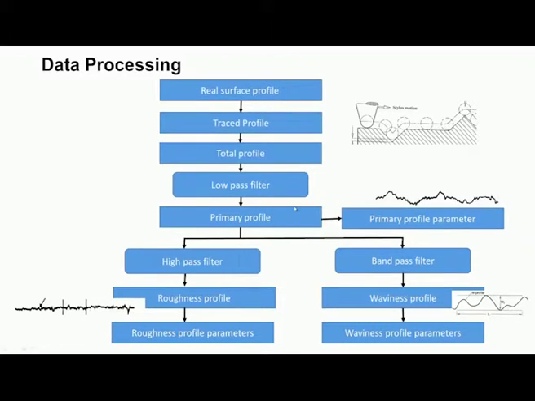Now, how the data is processed, you can see here we have a flow chart. This is the real surface profile which is to be measured, which is to be analyzed, and then we have to trace the profile.